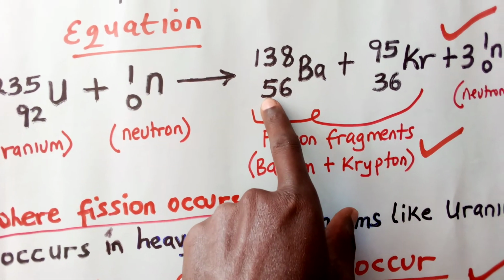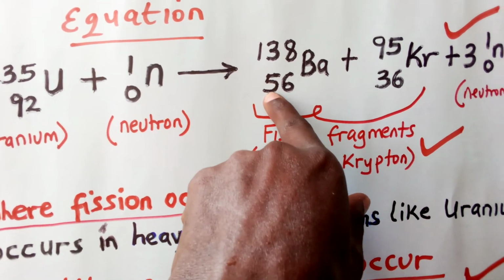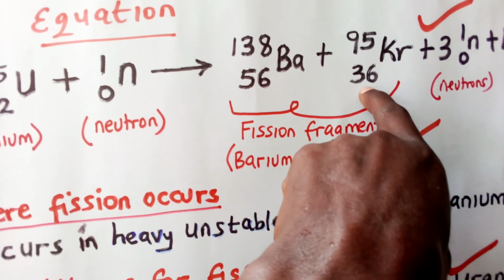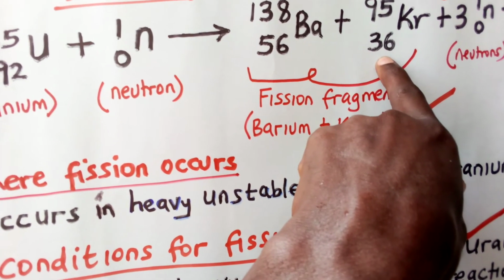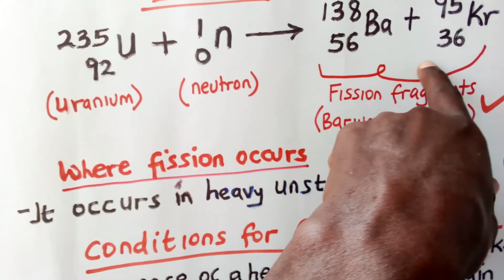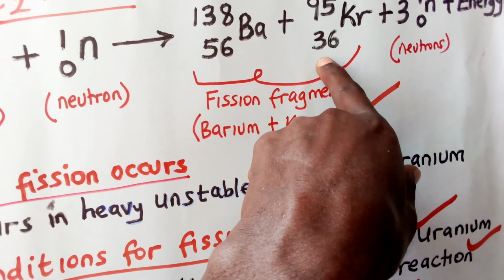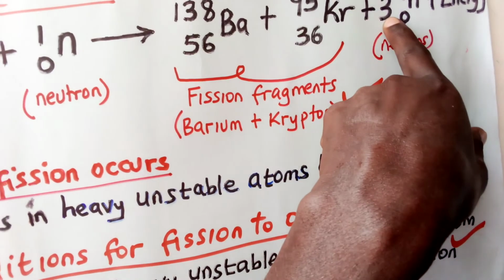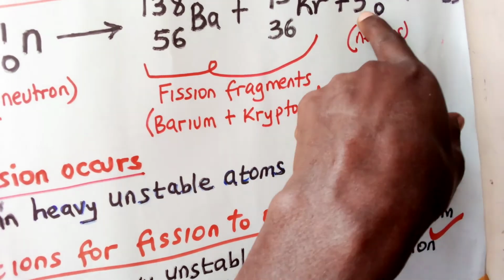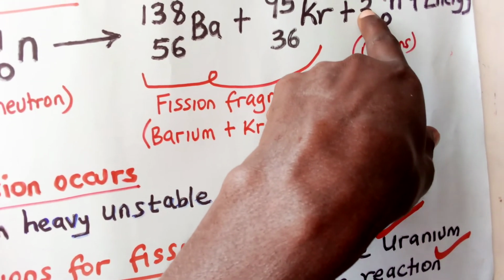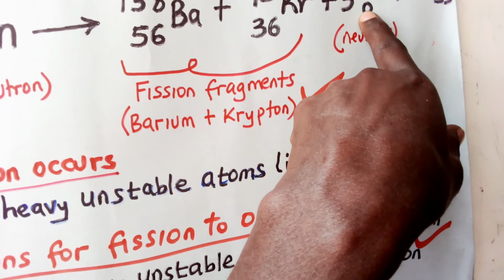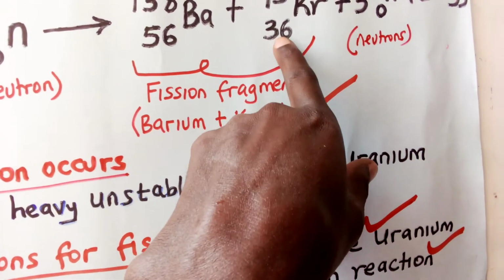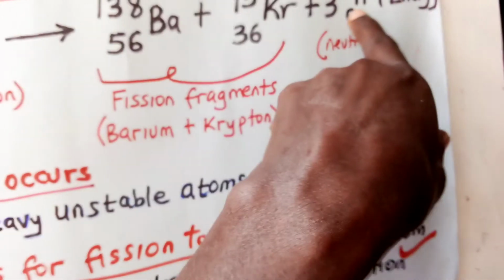When you add 56 plus 36, you get 92. You see? Now, this 3 here means 3 neutrons. So when you multiply, 3 times 0 is what? 0.